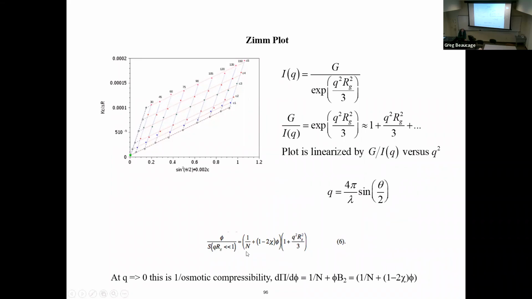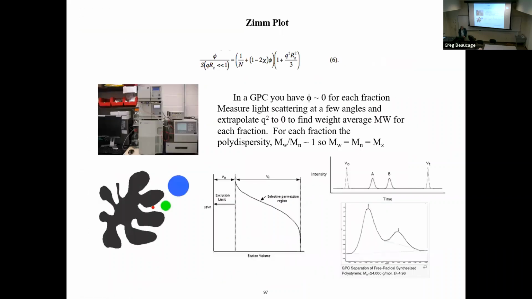And if you take it to 0 concentration and 0 Q, so you do a double extrapolation, the green dot gives you the weight average molecular weight, which for your fractions here in the GPC are monodisperse because you cut it down because of the size exclusion. You've cut it down to just one chain. So it doesn't matter what moment of the molecular weight distribution you get, they're all the same because there's only one chain.